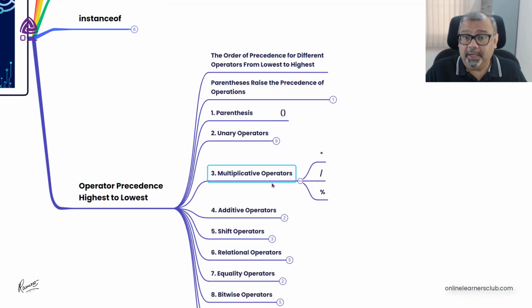Next come the multiplicative operators. Inside the multiplicative operators, multiplication (star) is the first precedence, then comes division, then comes modulus. If you have a * b / c, then a * b will be computed first, and then the division by c comes into the picture.